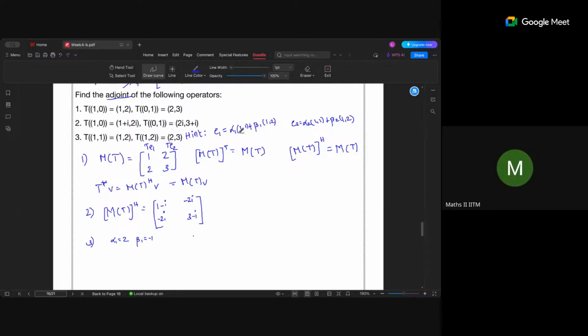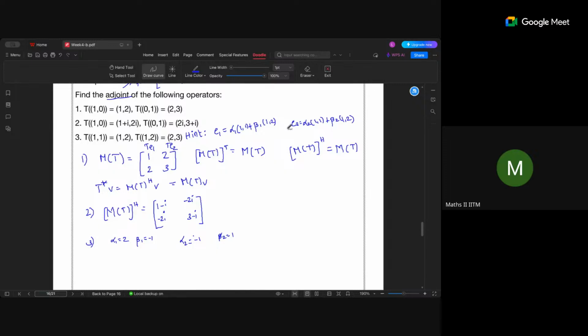Okay, so let's quickly check. 2 minus 1 is 1 and 2 minus 2 is 0, correct? What about alpha 2 and beta 2? Alpha 2 is minus 1 and beta 2 is 1. Okay, let's see. Minus 1 plus 1 is 0, and then minus 1 plus 2 is 1. Good. So this answer is correct.